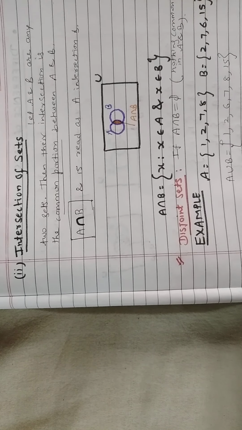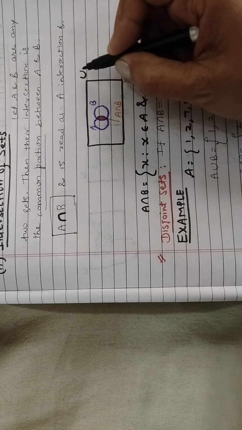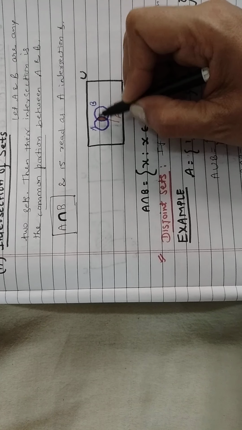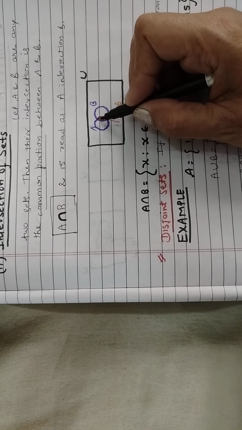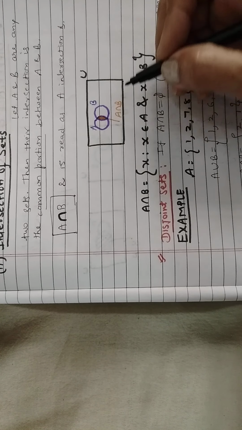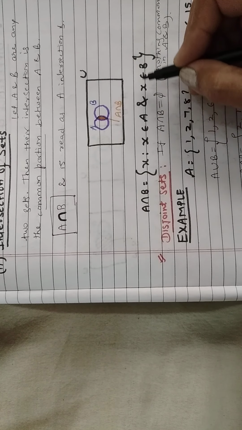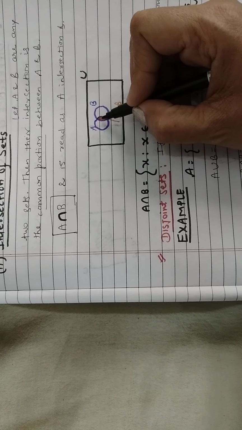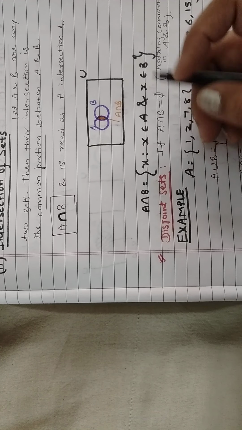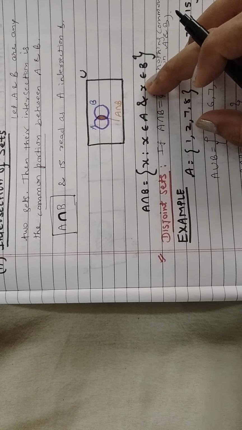A intersection B. For the Venn diagram, see, this is the universal set, there are two sets A and B, and you take the common portion of A and B. This red region is A intersection B. In set builder form, x is such that x belongs to A and x belongs to B. So for A intersection B, the word 'and' is there, and for A union B, the word 'or' is there.